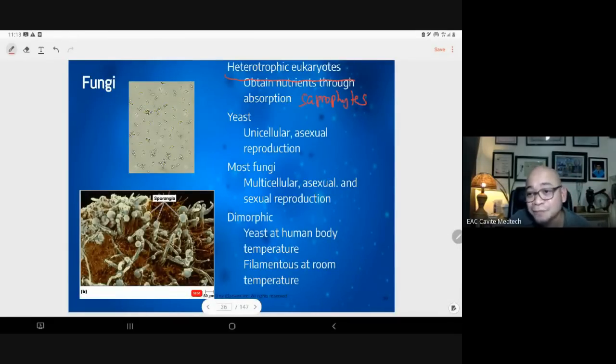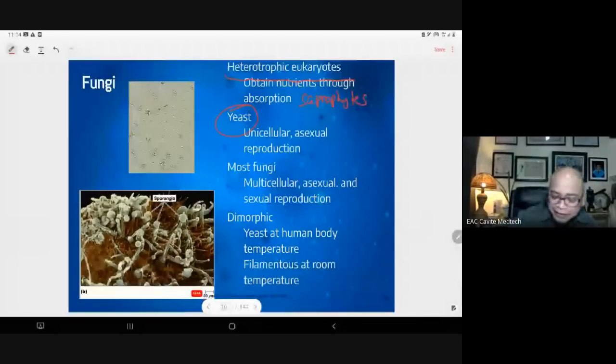So most of these fungi will live on decaying organic matter. Fungi could also be unicellular or multicellular. Yeast, remember Saccharomyces cerevisiae, the one that we use for fermentation of wine. Yeast is an example of unicellular microorganisms.